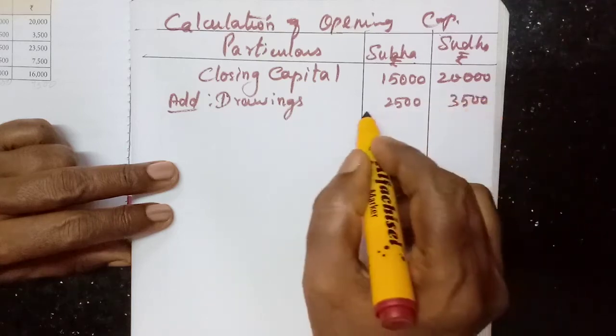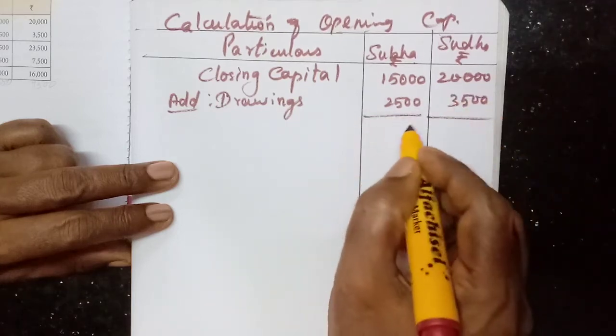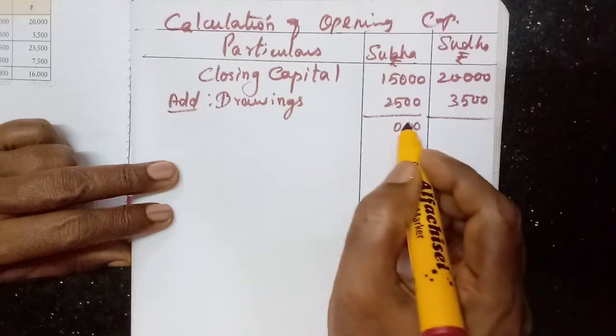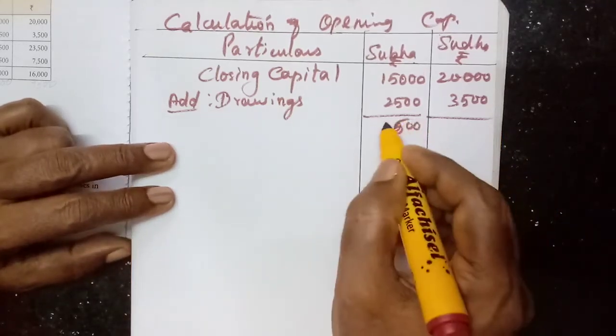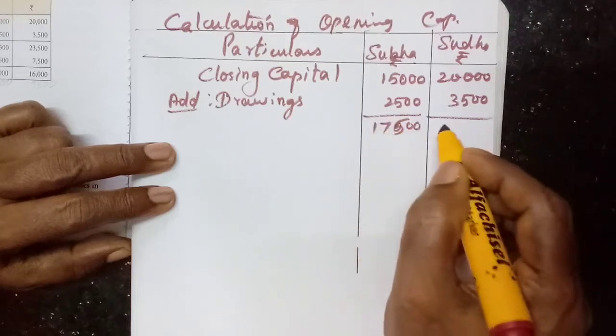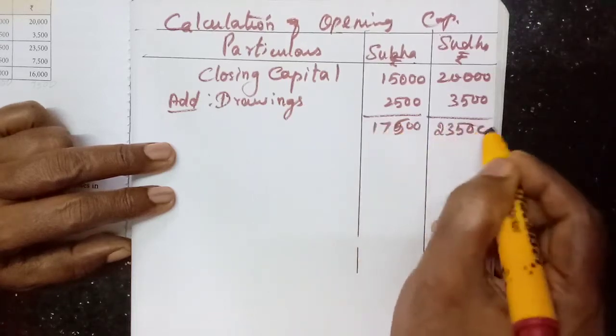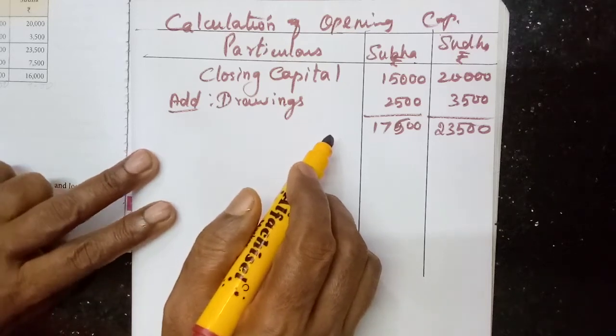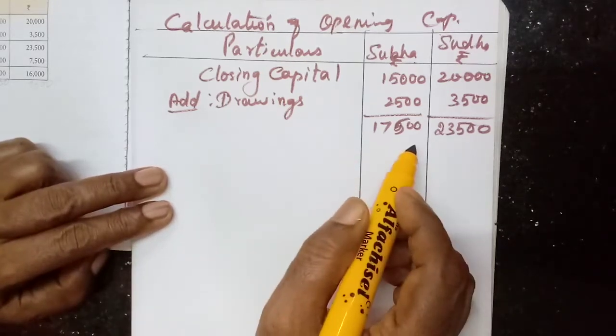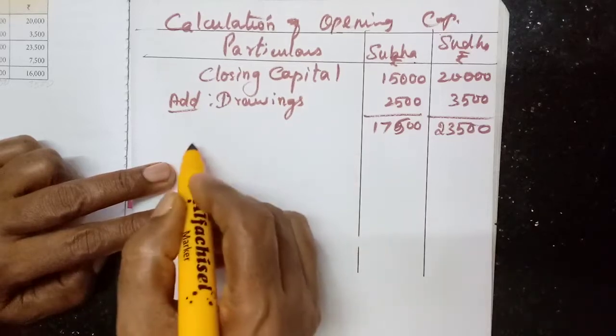So add and write 17,500 and 23,500. Now there is no additional capital, isn't it? So from this we need to deduct the profit.